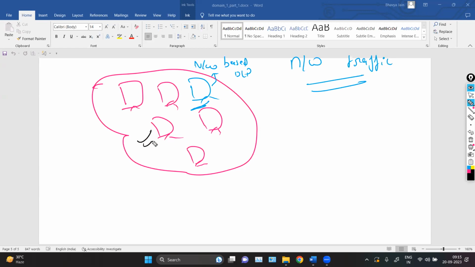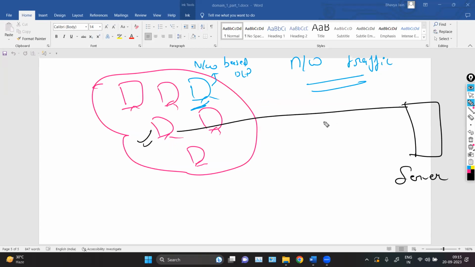Let's say one system is transmitting data via an unencrypted channel. Let's say this system is communicating with the server, and both are using the unencrypted channel. Unencrypted channel means your data is transmitting in plain text.